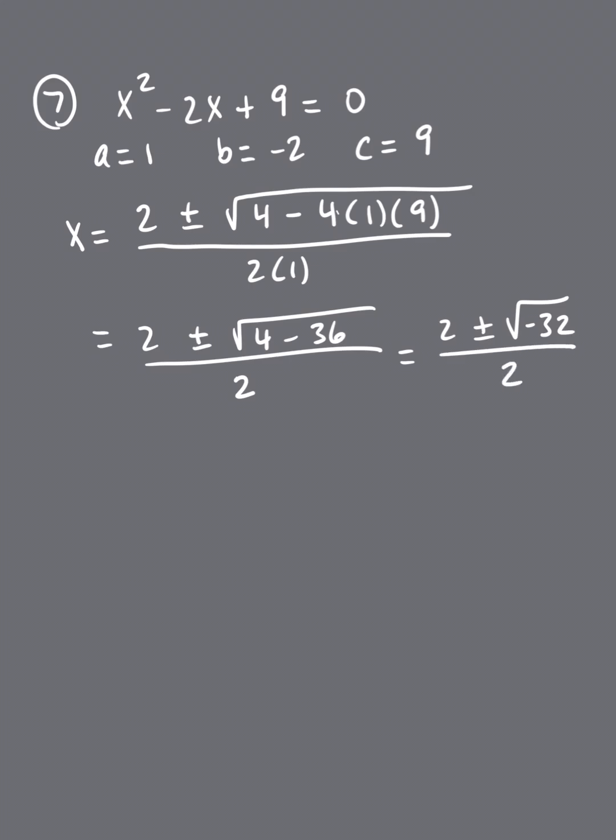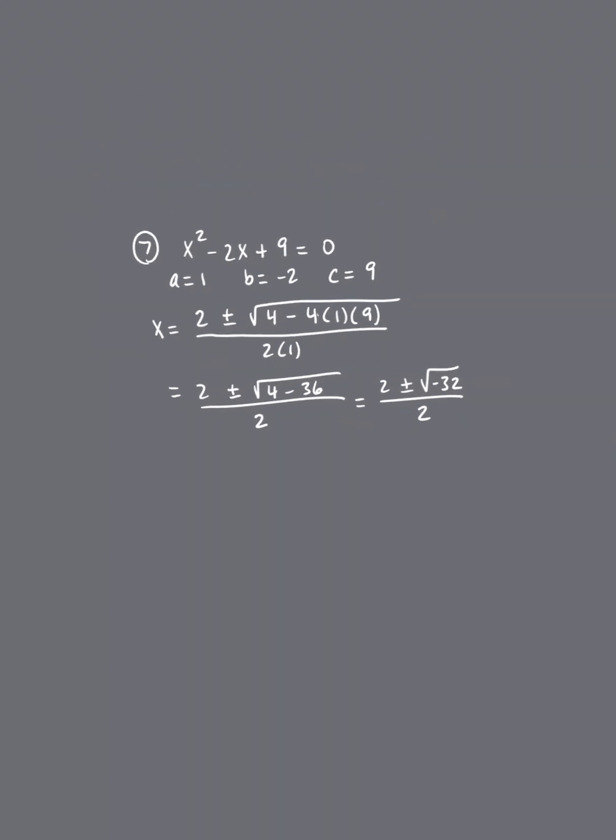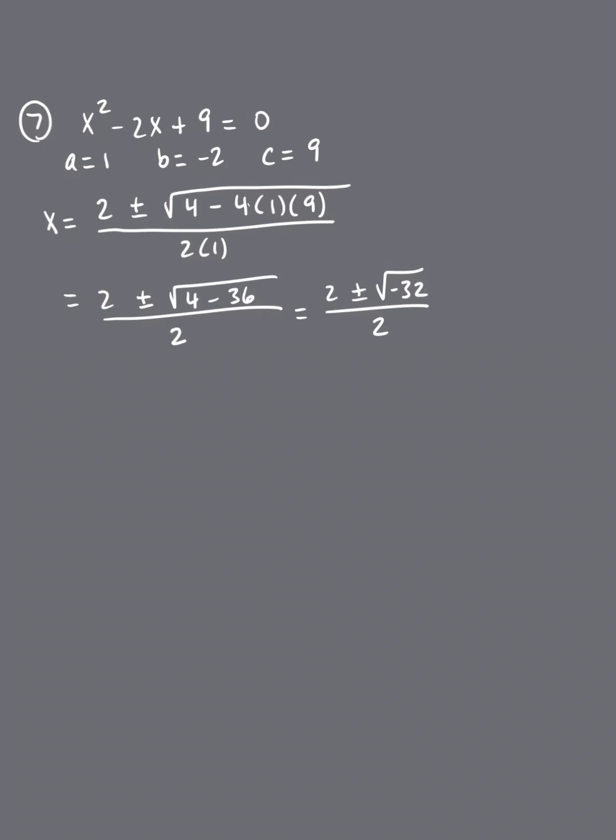So go ahead and pause the video and simplify this, and then unpause the video and check your answer. So when we want to simplify the square root of negative 32, I'm going to ignore the negative for now because it's just i. I know the largest perfect square that goes into 32 is 16.